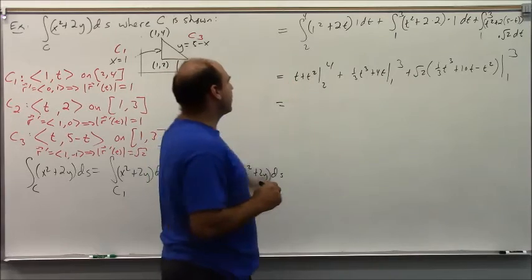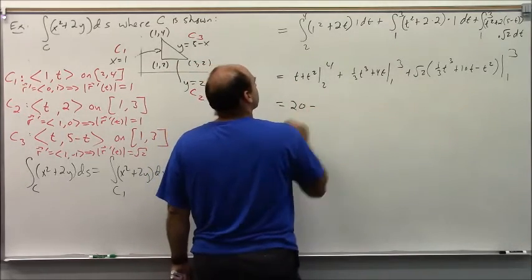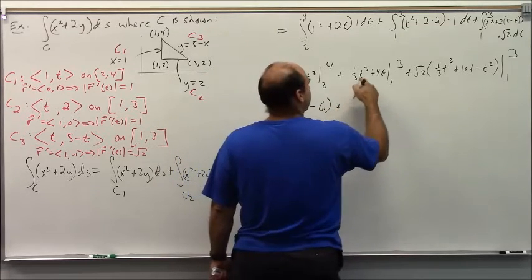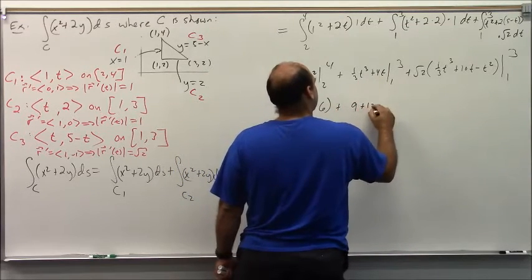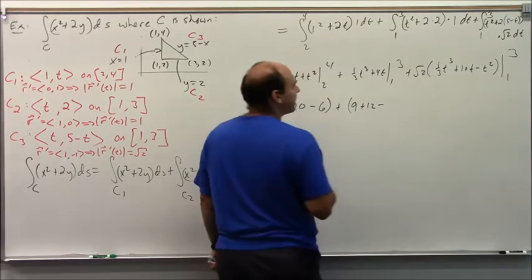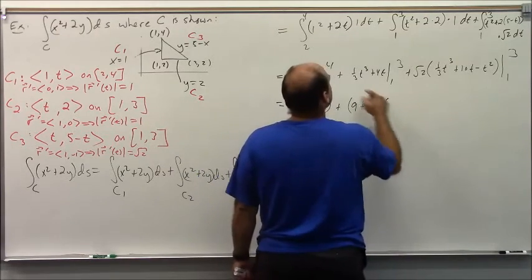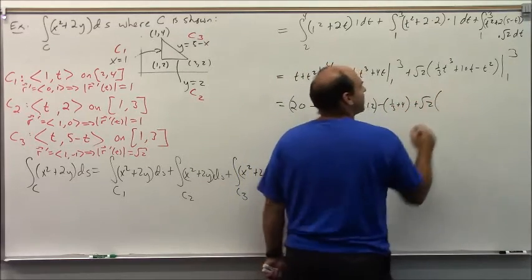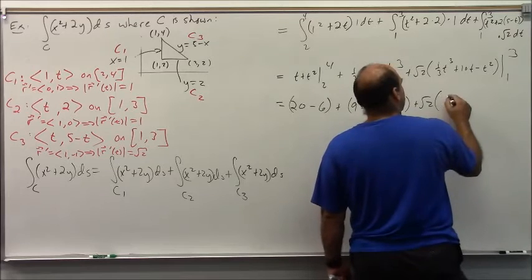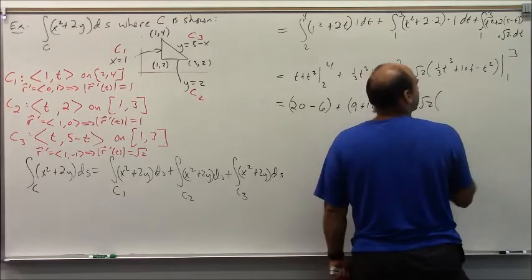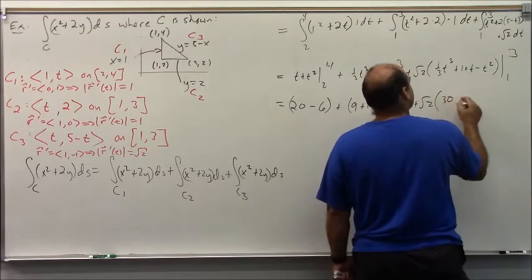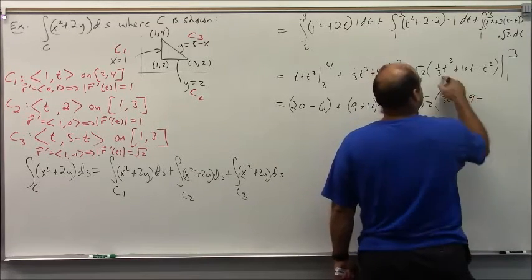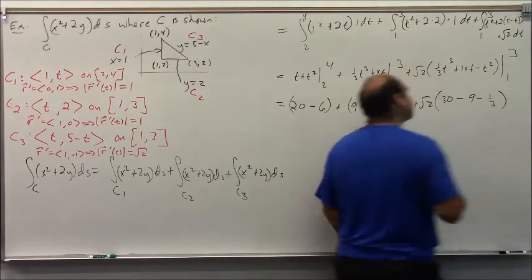And what's that? 20 minus 6, plus 1/3 t cubed, so 9 plus 12 minus 1/3, plus 4, plus root 2 times, here's a 9 plus 30, that's 39 minus 9, so 30 minus, if I plug in a 1, I get a 9 from that, and a 1/3 to subtract off from that.